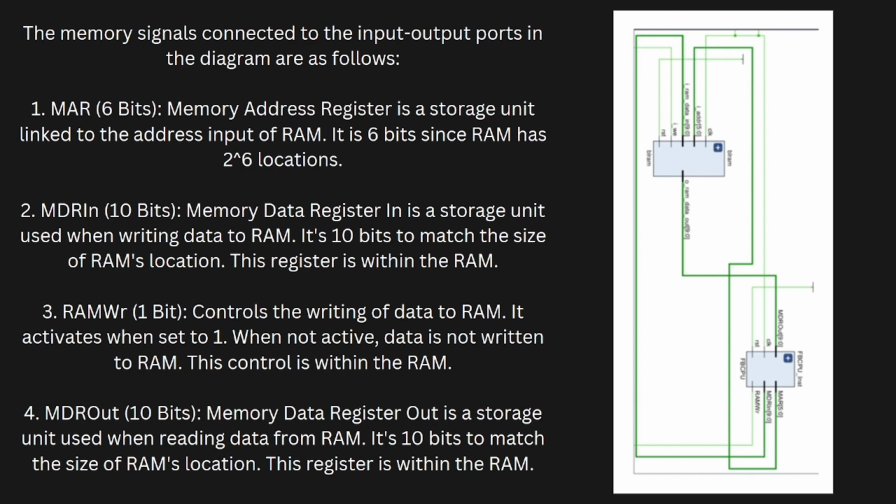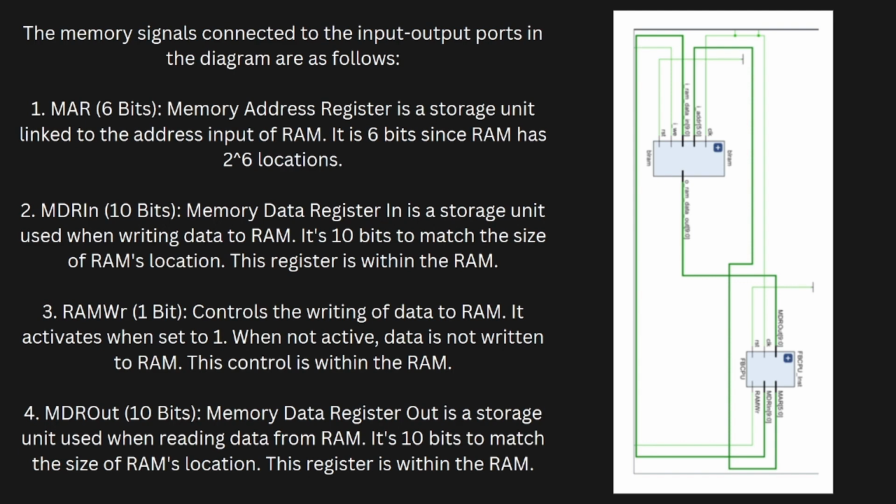The third one is RAM WR, which contains 1 bit, less than any other input and output, and controls the writing of data to the RAM. It activates when it is set to 1. When not active, it's 0, and the data is not written to the RAM. And all the work of RAM WR is within the RAM.